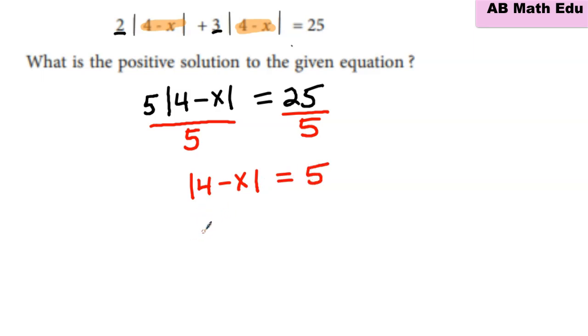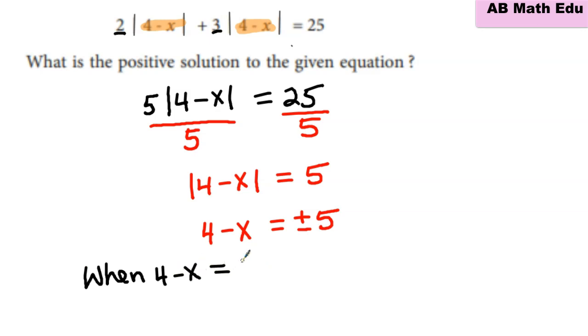Now the absolute of a number makes it positive, so we don't know whether the number was negative or whatsoever. So for us to remove the absolute, it could be that the number was positive, or it could be that the number was negative. This gives us 2 instances. So when 4 minus x was equals to the positive 5, then we can solve for x.